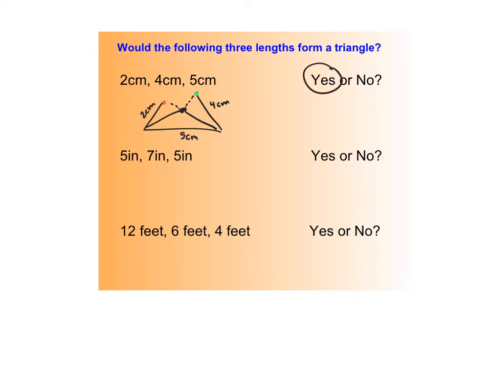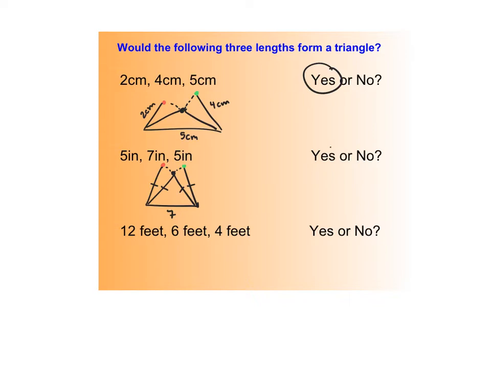How about 5, 5, and 7? Let's put the longest side on the bottom, 7, and 5, and 5. This is cool because what this will do is form an isosceles triangle, which we have talked about. So visually, I would take those 2 points, try to connect them, and I would find that I would be able to form this isosceles triangle here.